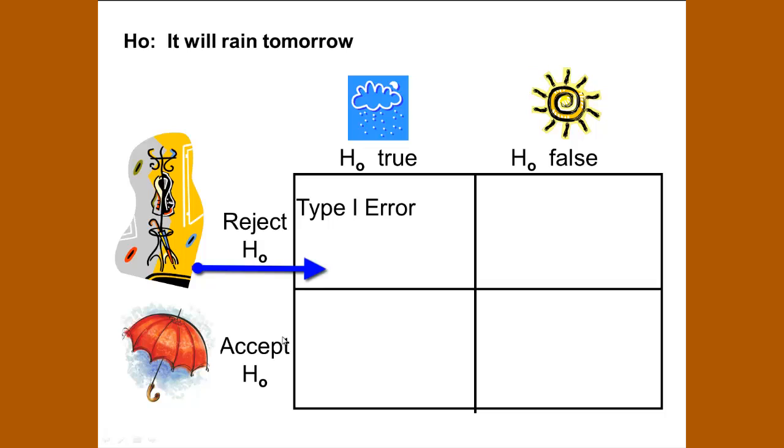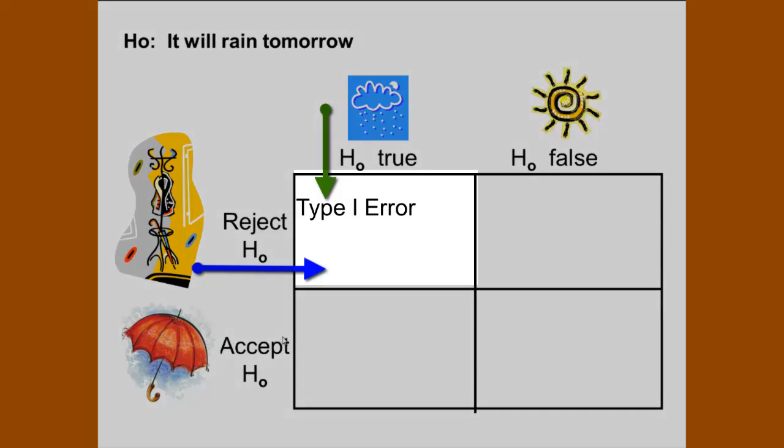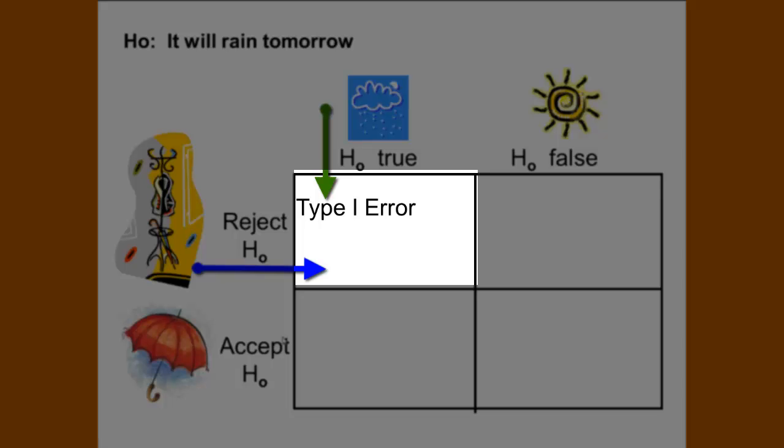So what happens if we reject the null? If we reject it and say we don't believe it, it will either rain or it won't rain. So if we reject and think that the null is false, if we think the statement it will rain tomorrow is false, and yet it does rain tomorrow, this creates what is called a type one error.